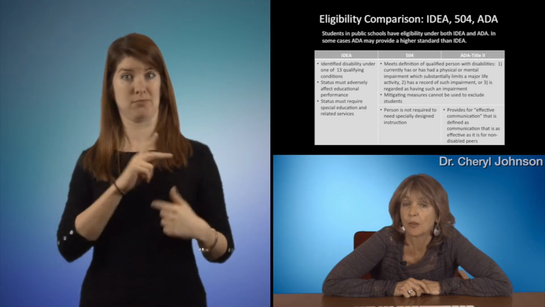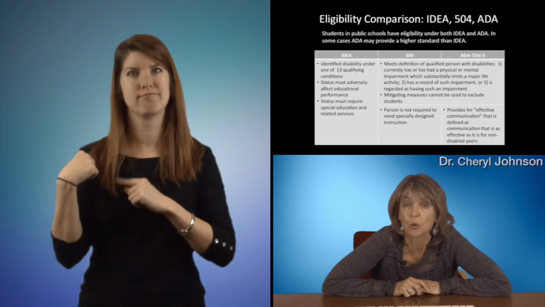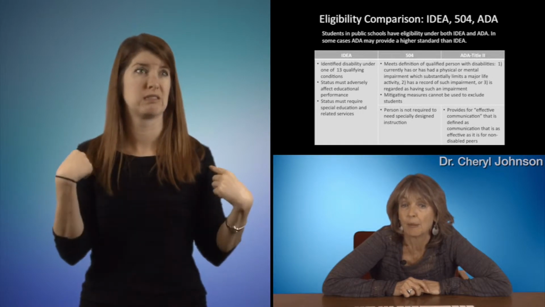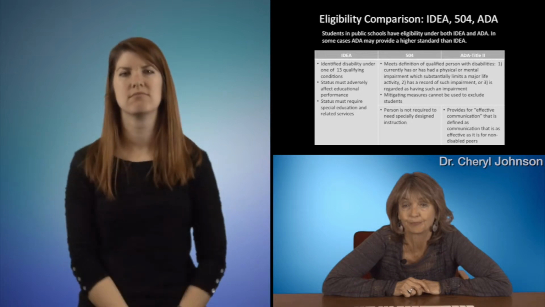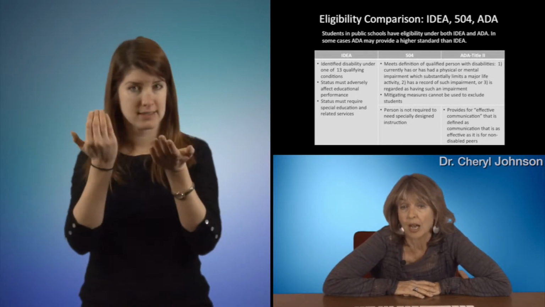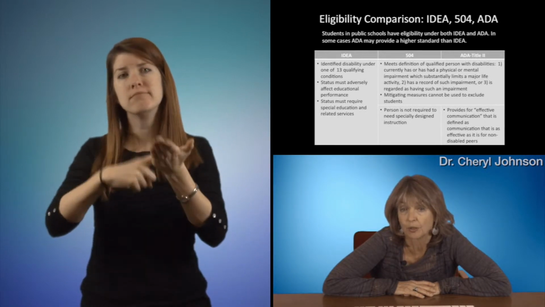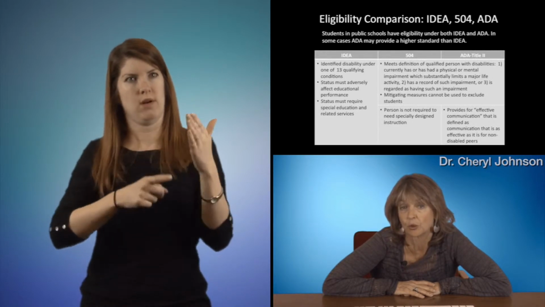Personally, I think this is one of the most important interpretations that have been explained to us for deaf and hard of hearing children since the advent of special considerations, which I'll talk about shortly. So again, schools have a higher standard to meet, and so we need to talk about effective communication, and decide how we're going to assess what is effective communication.